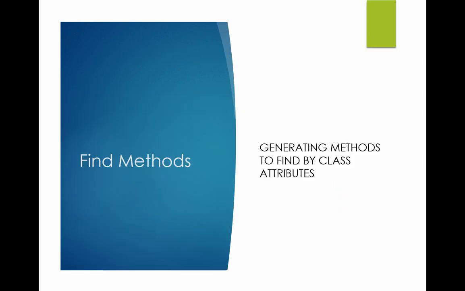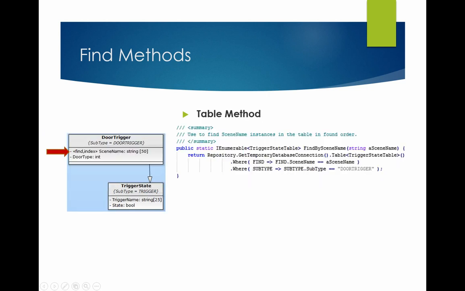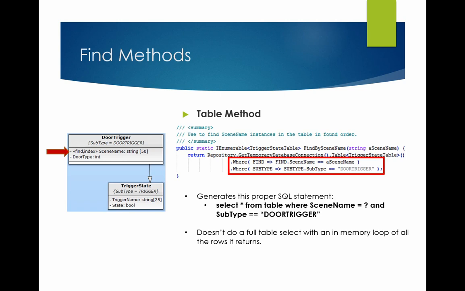Find methods. This is an extension that allows you to find objects based on attribute variables. You basically create a stereotype called find on the attribute, and it generates some extra capability in the table and in the objects. So in the table method, this is what it looks like, and I'll just jump ahead to the next slide here. It does an intelligent test.